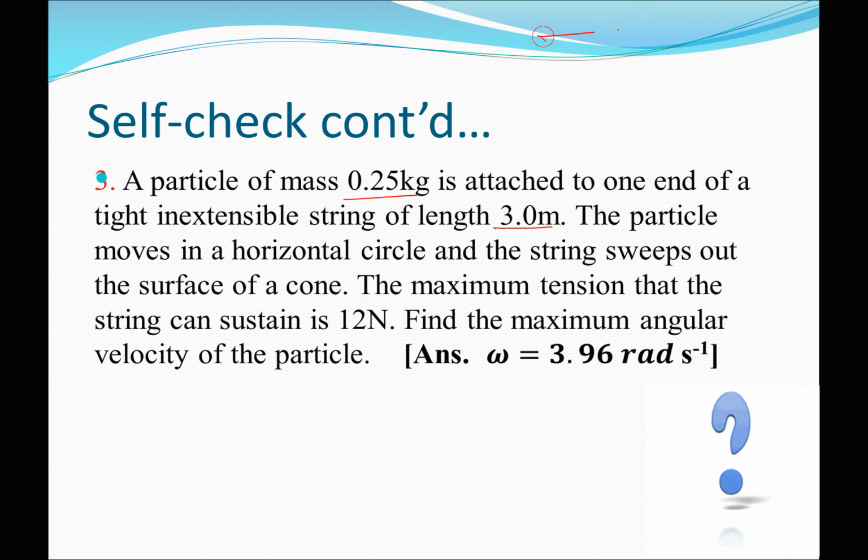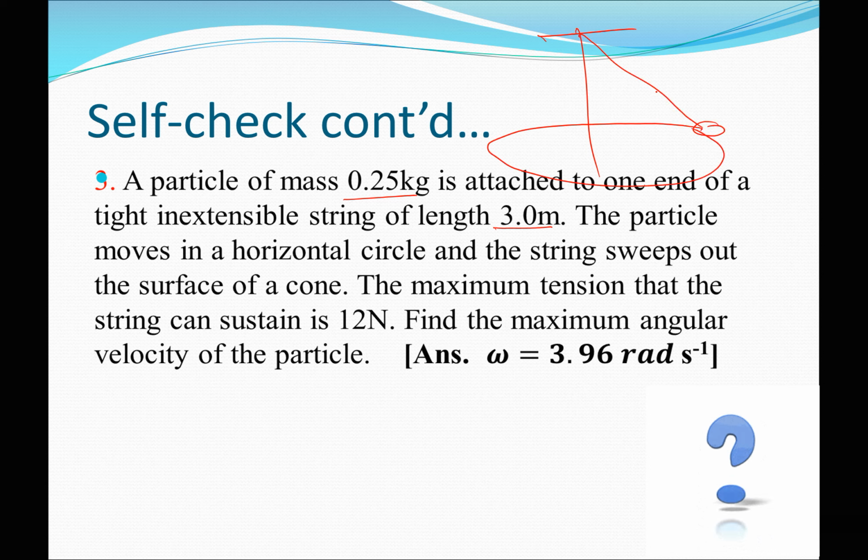If you sketch this, this is the vertical, and this is going to be the position of the object. So it describes a cone. The length of the string is this distance here, which is 3 meters.